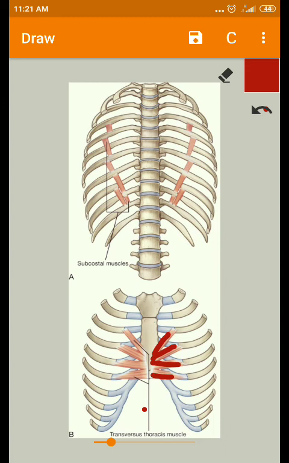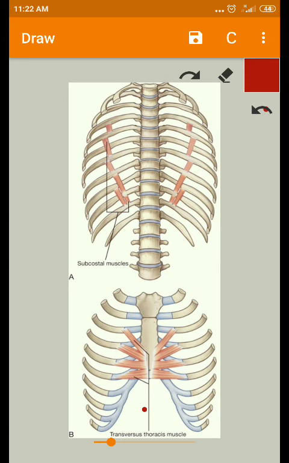Actually here you can see the third, fourth, fifth and sixth, and also the inner surface of the second rib. From the second to the sixth ribs, these slips are attached.